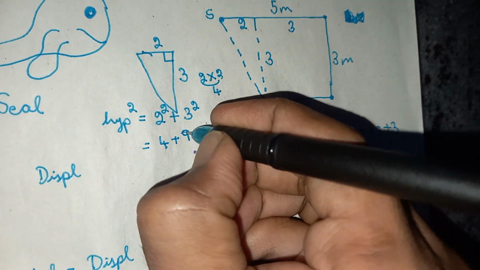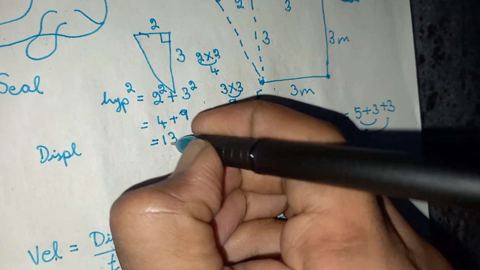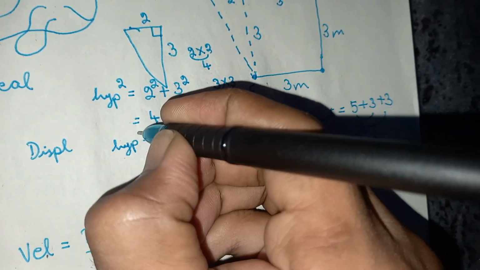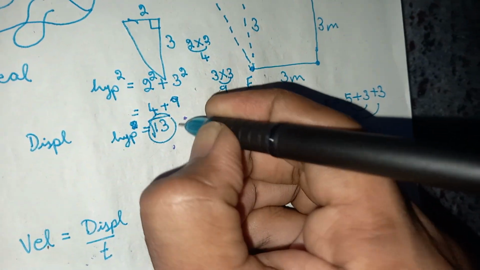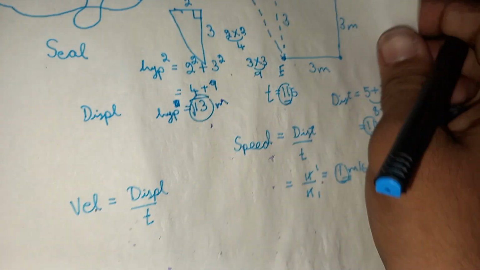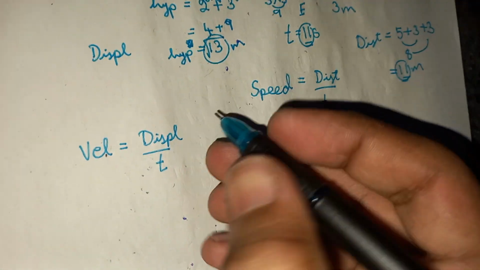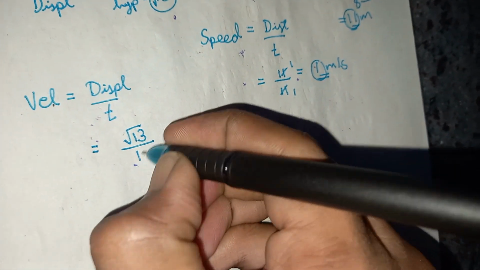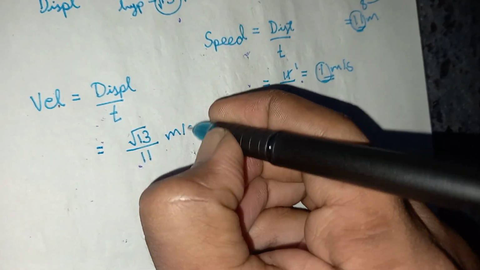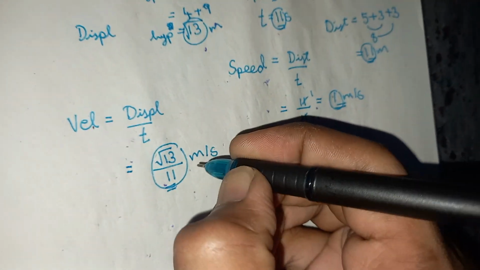So 9 plus 4 is 13, which is the hypotenuse squared. The square goes to this side, it becomes a root. Hypotenuse is root 13 meters. So you can write displacement by time, which is root 13 by 11 seconds, that is meters per second. This is the actual velocity.